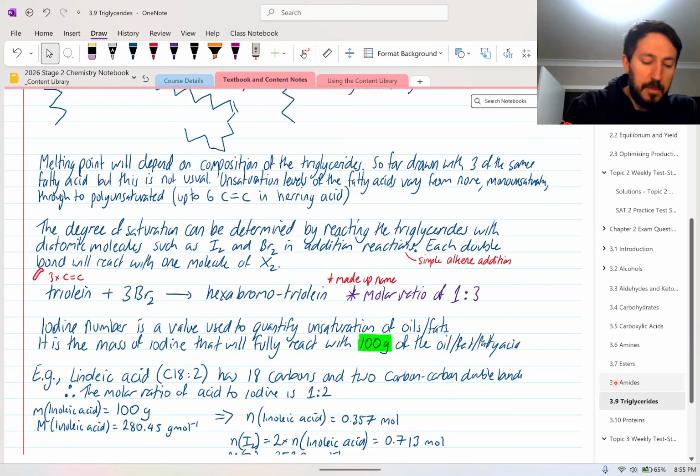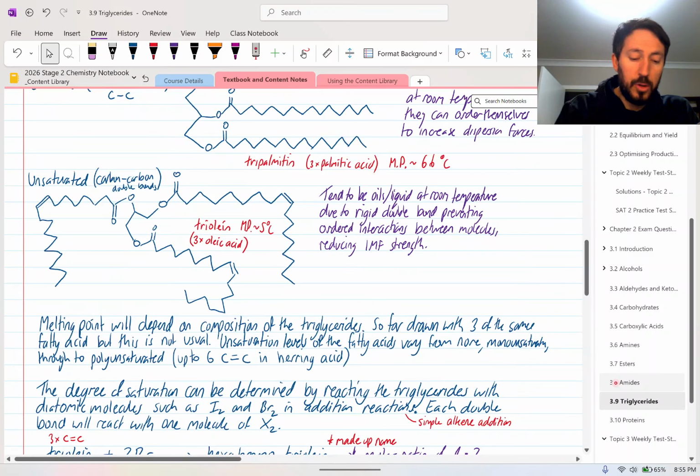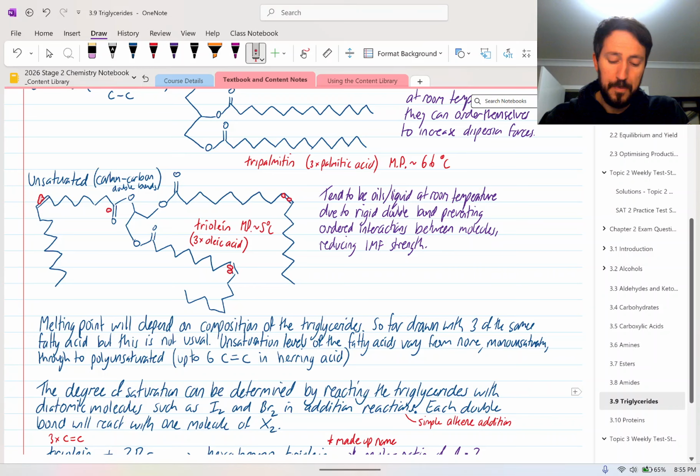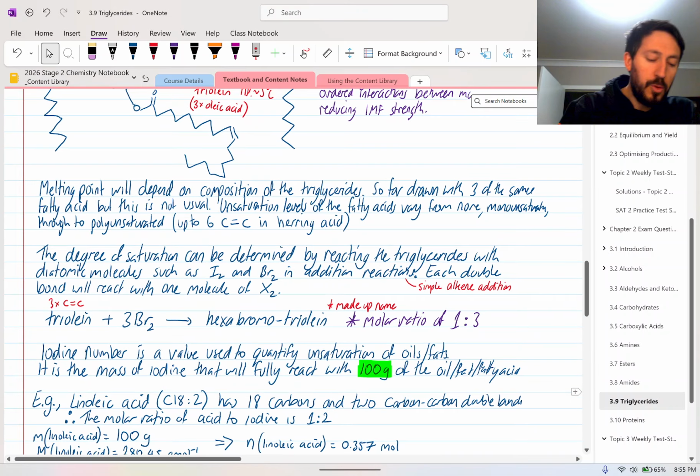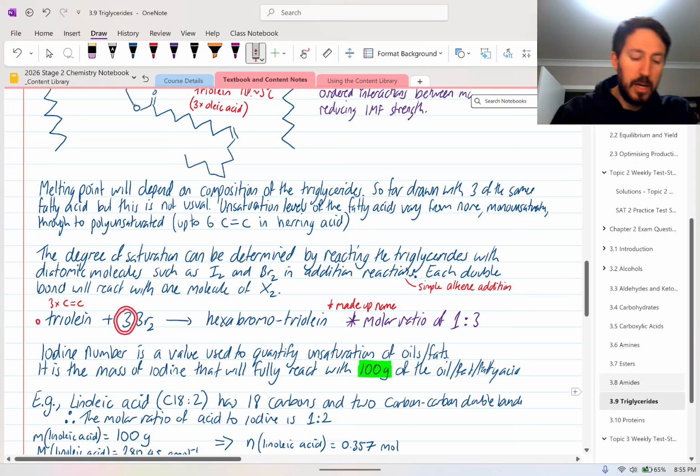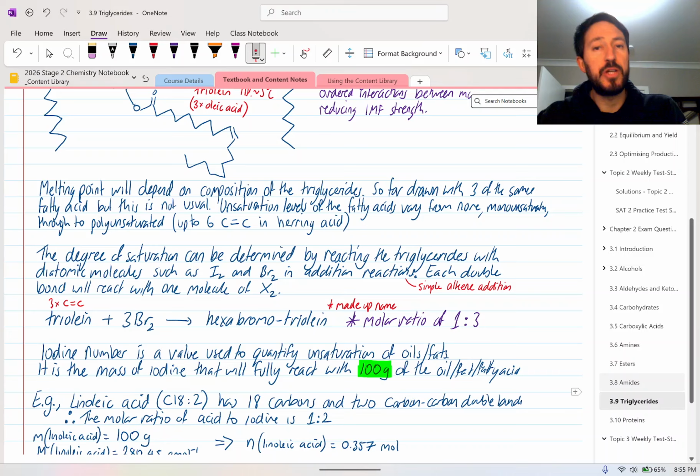In this example here, we have triolein, the one from up here, where one molecule has 1, 2, and 3 carbon-carbon double bonds. So if you were to fully saturate it, for every mole of triolein, you'd react it with 3 moles of bromine, and that gives us a molar ratio of 1 to 3.